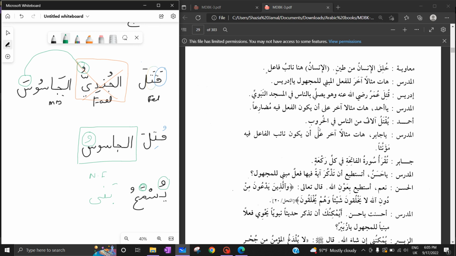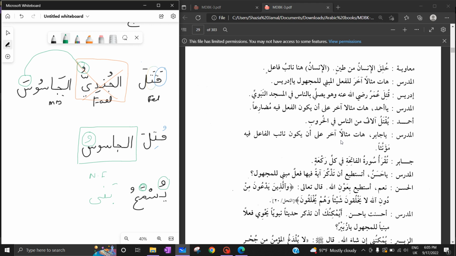So يقتل means killed. Alafun, a long mud, means thousands. Alaf comes from alf. Alf means 1,000, alaf is plural. So thousands of people were killed in wars.